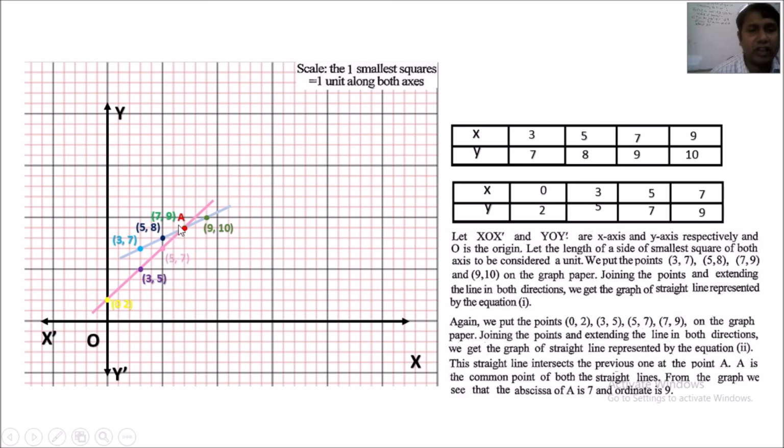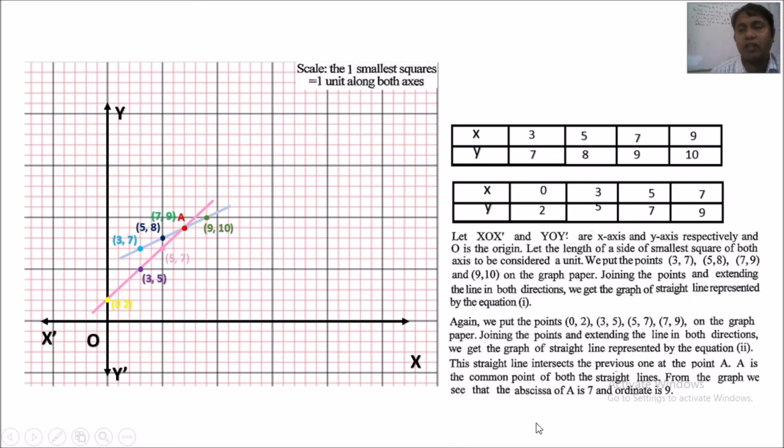After plotting the points, we join and extend both sides of the points, and we get a straight line, and this straight line intersects the previous one at the point A. We get the intersection of two straight lines at A. So A is the common point of both the straight lines.